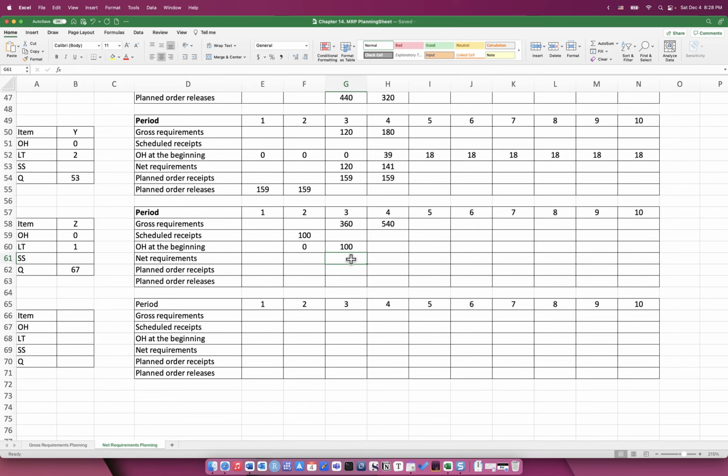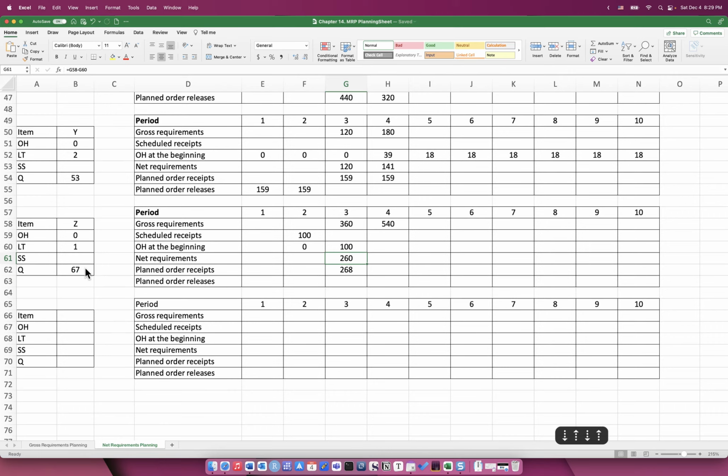So the net requirement is going to be the difference between what's available and how many needs to be delivered, right? 260. And again, we have a lot sizing requirement, which is 67. So what is the smallest integer next to 260 which is a multiple of 67? Let me try with a 4.